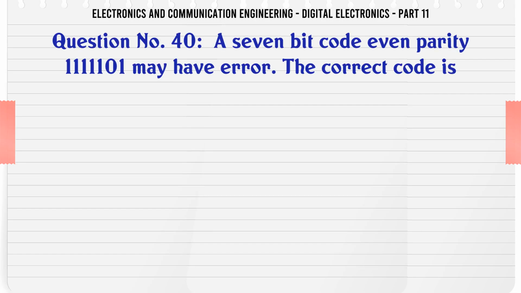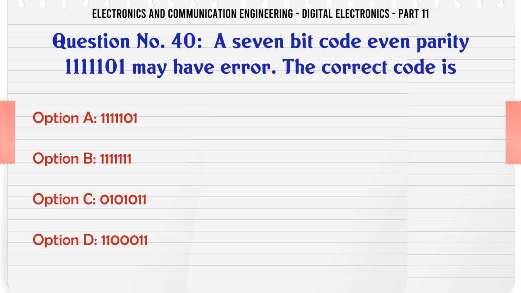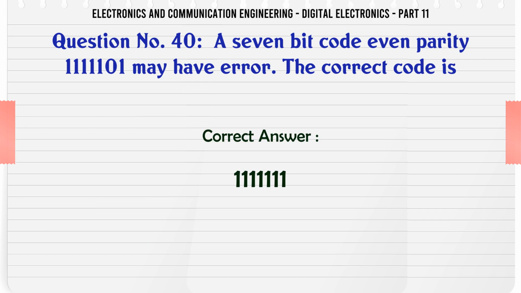A 7-bit code, even parity 111101, may have error. The correct code is A. 111101, B. 111111, C. 010111, D. 11000011. The correct answer is 111111.